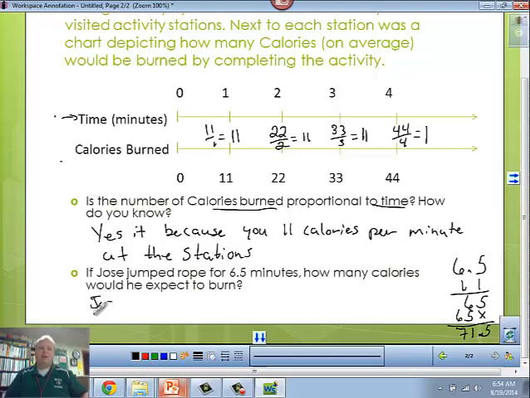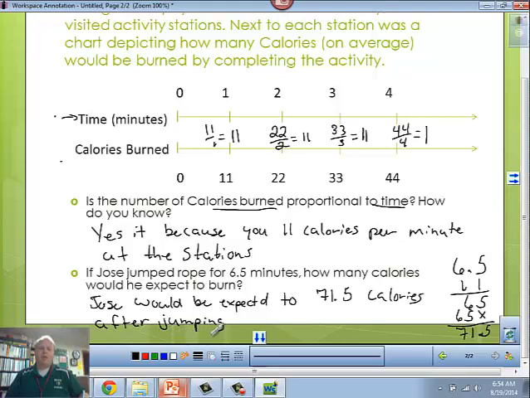Jose would be expected to burn 71.5 calories after jumping rope for 6.5 minutes.